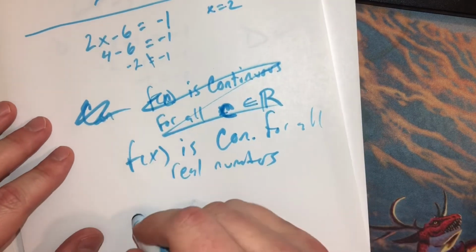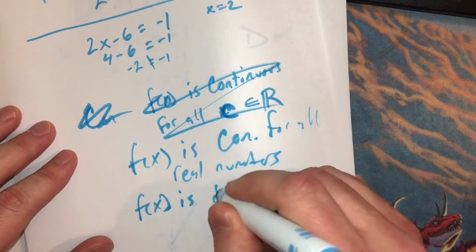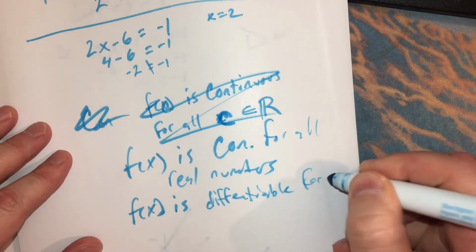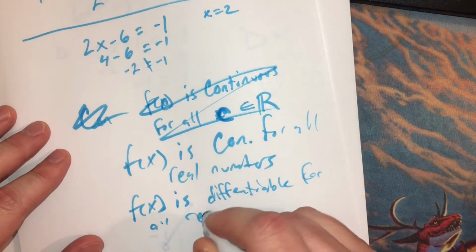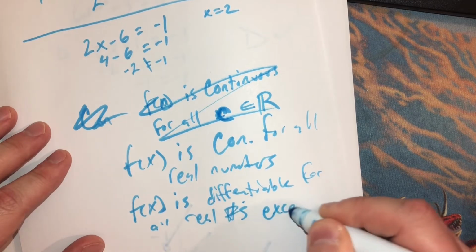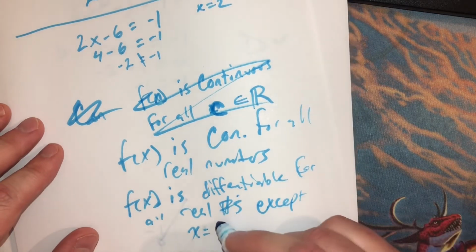And then we can say f of x is differentiable for all real numbers except x equals 2.